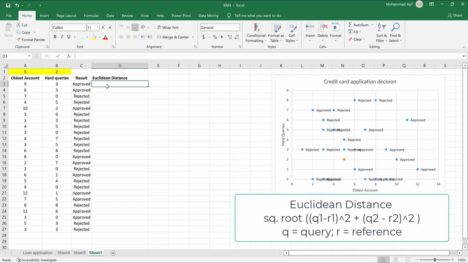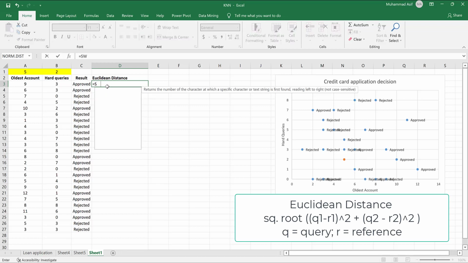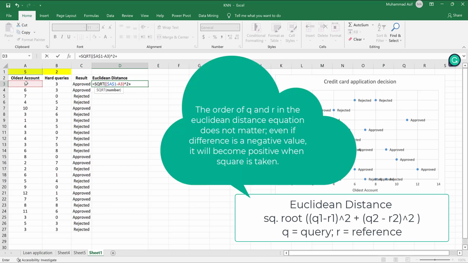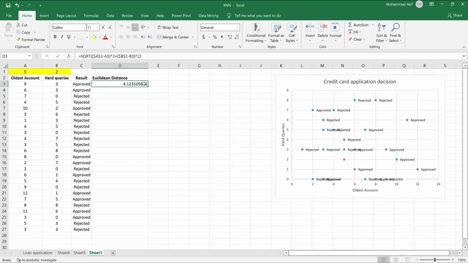The formula for Euclidean distance is: we take the square root of this value, and log it because it's supposed to remain the same, minus this value and its square, plus this value, and again log it because it's supposed to remain the same, minus 3, and then again the square of this one. This Euclidean distance turns out to be 4.12.